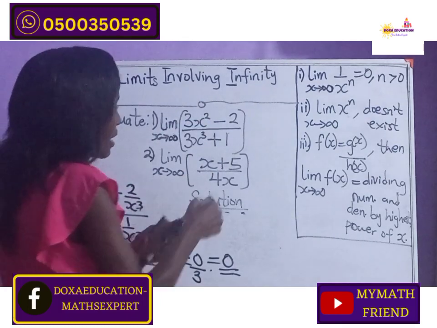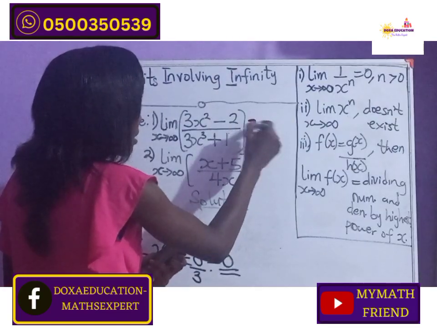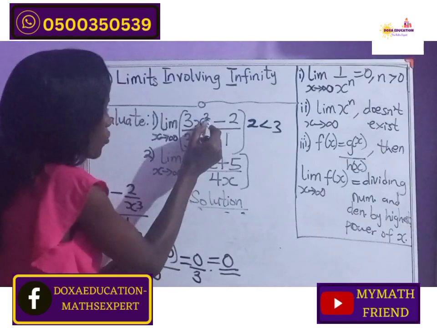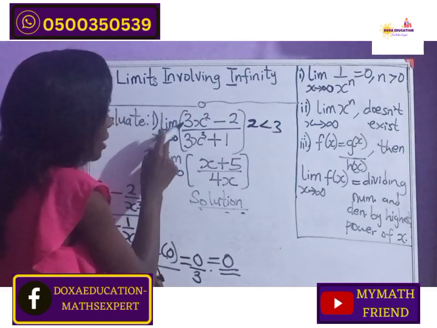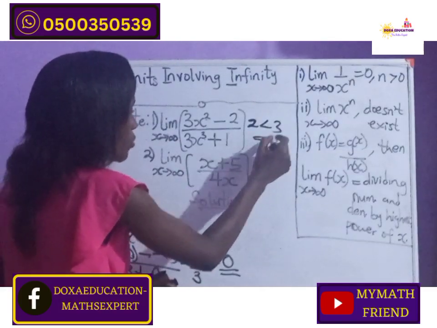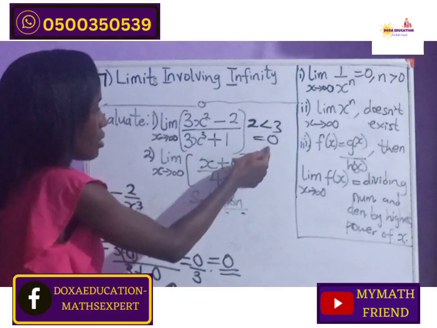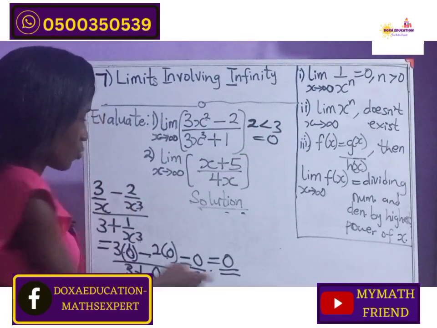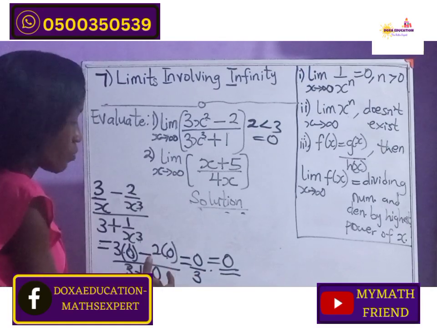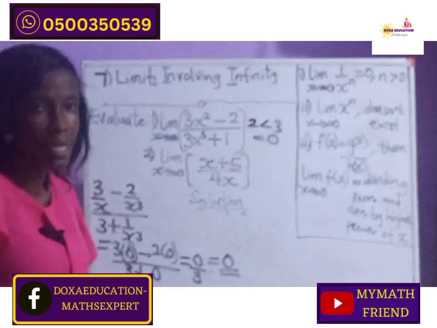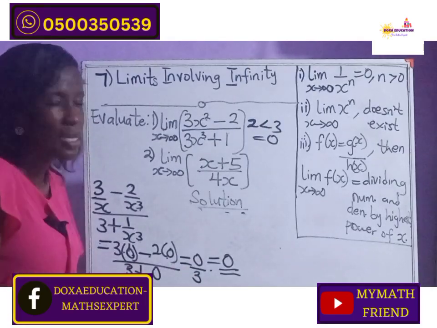Since 2 is less than 3, the limit will be equal to 0. For objectives, if you have such a question, the limit is straightforwardly 0. This working is to prove it, in case you are answering it in your section B theory.